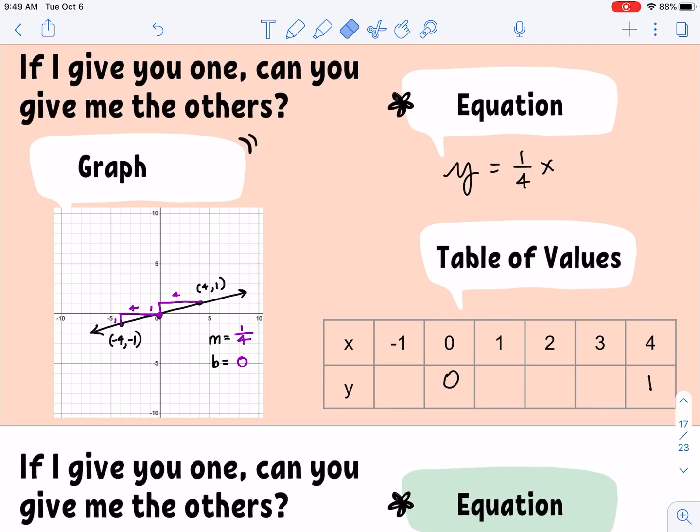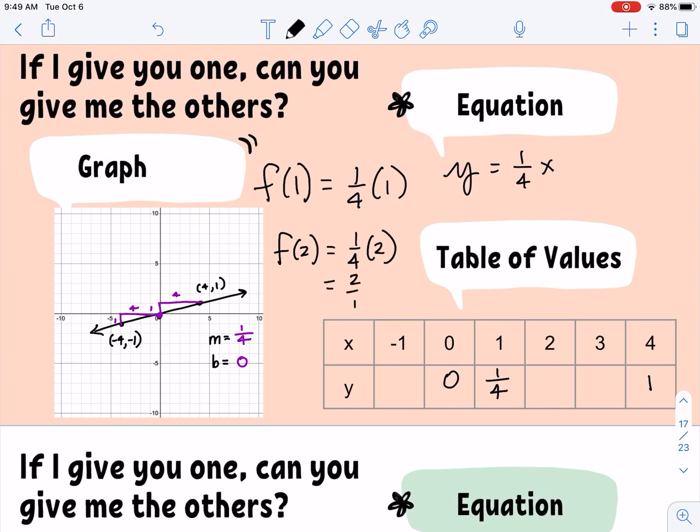You would say, I'm going to plug in 1, f of 1 equals 1/4 times 1. Well, 1/4 times 1 is 1/4. You could say, now I'm going to plug in 2, and 1/4 times 2 is 2/4, or 1/2.